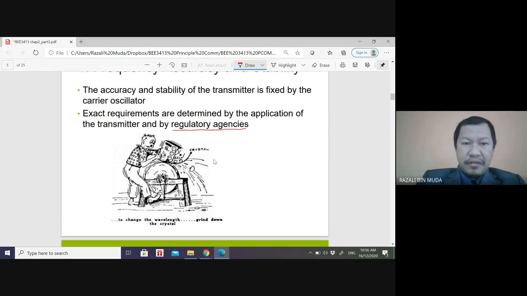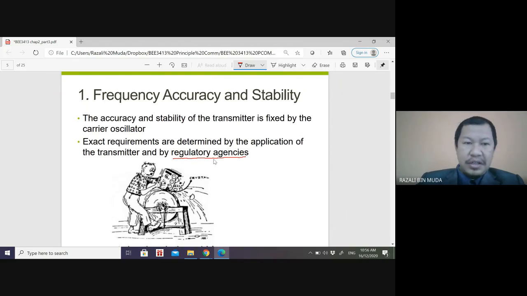The exact requirement of the frequency. Now we are talking about frequency in kilohertz, megahertz, right? So the accuracy and stability of the transmitter frequency is fixed by the oscillator. So the oscillator determine the frequency.